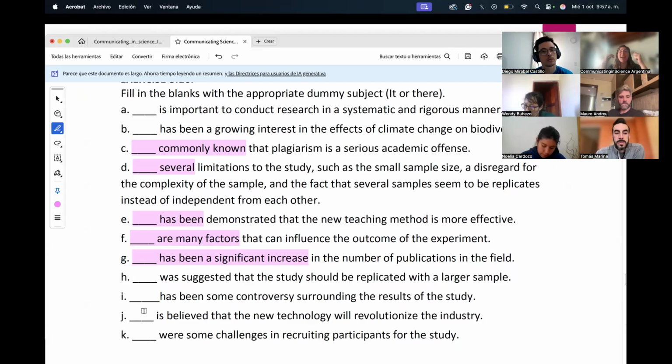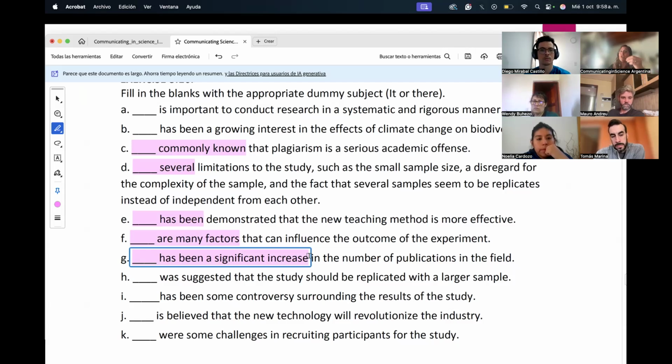If I put "it has been a significant increase", I could, but not in this particular sentence. I could use it if in the previous sentence I talked about something and I'm continuing in the next sentence.